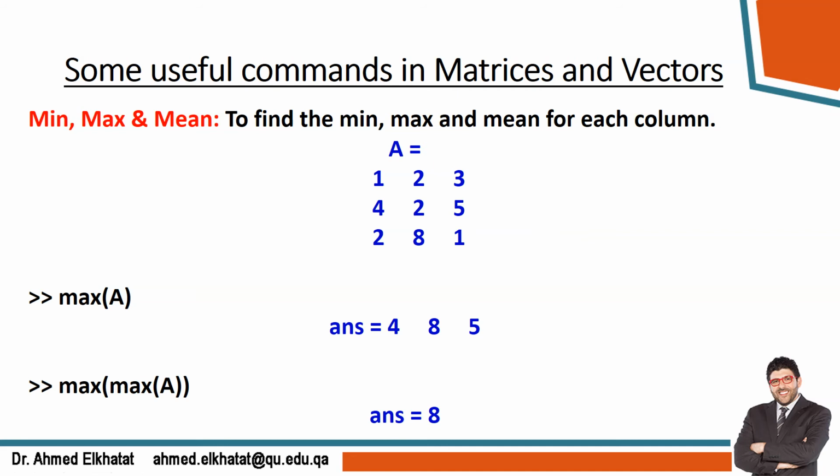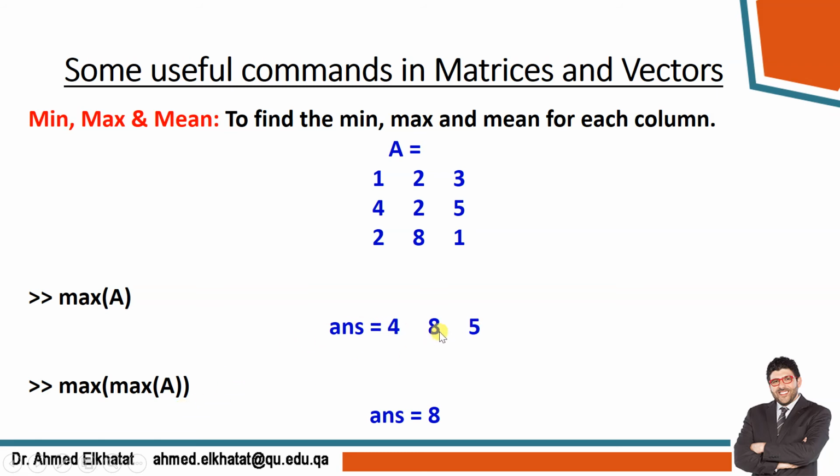Similarly, maximum. If I do max A, it will give the maximum value of each column. Here the maximum is 4, here the maximum is 8, here the maximum is 5. So the answer is 4, 8, 5. Now I can find the maximum of the maximum, so it will be 8.